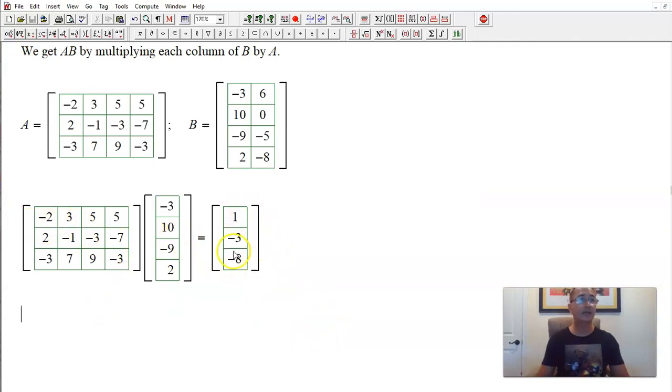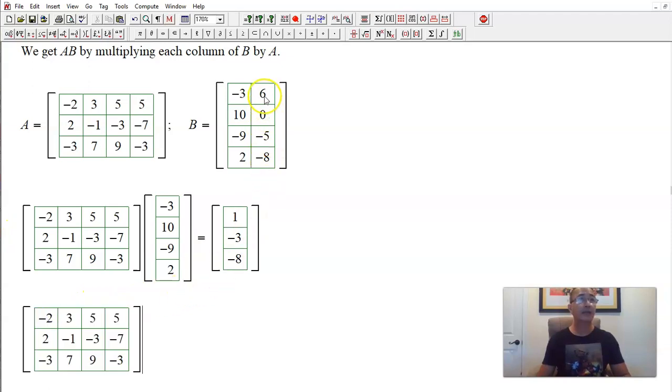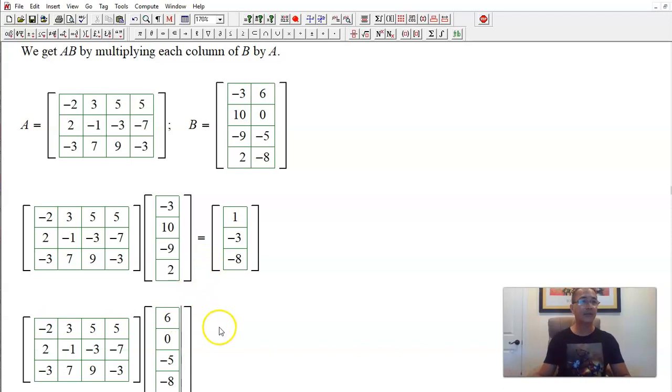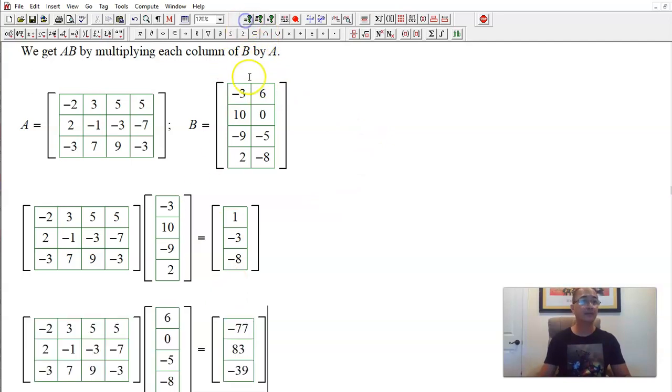This was the answer that we got for column 1. So we repeat the process with A on the left and column 2 on the right. Okay, so to save time, let's just ask Maple to do the work for us. And that's our answer. Ooh, we probably would have made a mistake or 2 there.